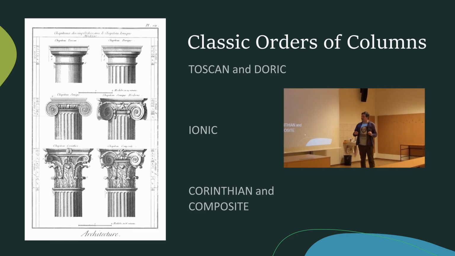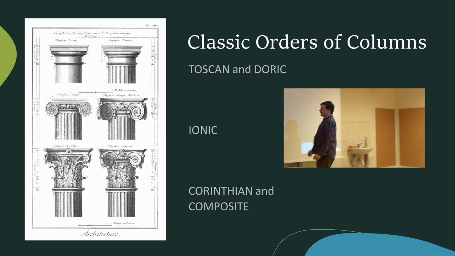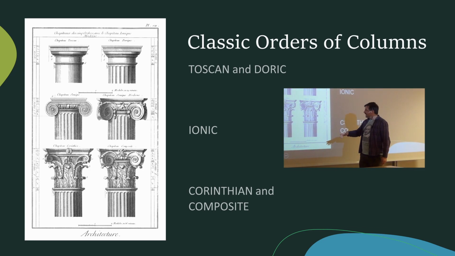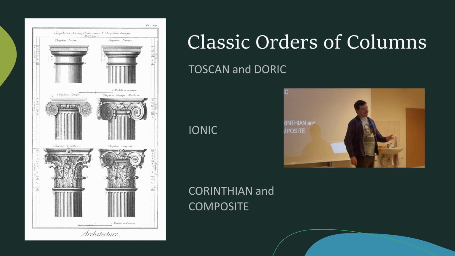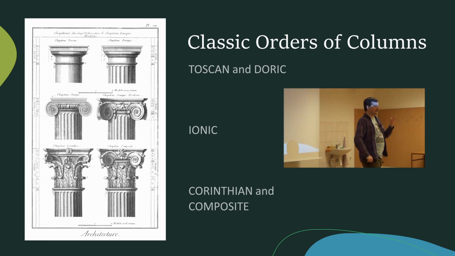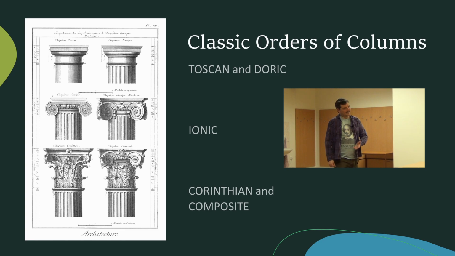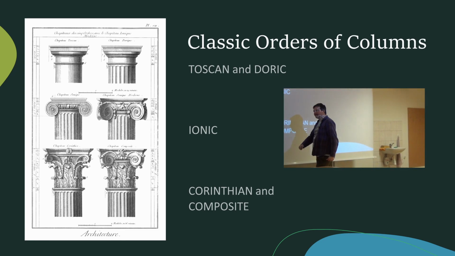The Corinthian, you don't have snails, you have leaves, even though this looks almost like snails here, but these are just twisted leaves. And then the composite would be combining the snails with the leaves, which is not a good idea. If you ever had a garden with salads, you know the snails will eat it. But anyway, they still combine it because these are columns and they don't eat them.